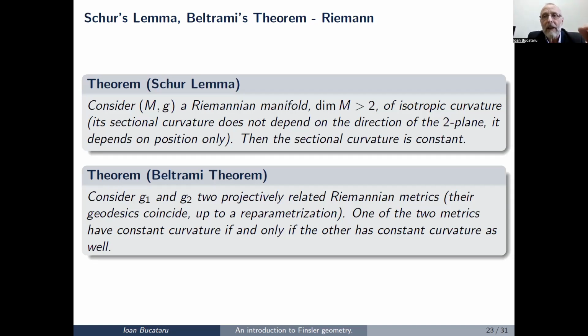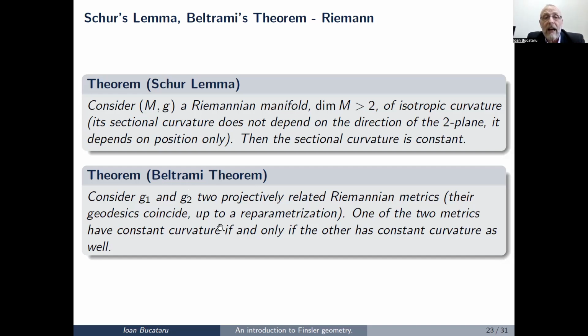Very briefly, what happens in the Riemannian context? Two results from the Riemannian context can be extended somehow to the Finslerian context. Schur's Lemma tells us that if you have a Riemannian manifold of isotropic curvature, that means the sectional curvature does not depend on the direction of the two-planes, then that sectional curvature is actually constant. It uses differential Bianchi identities.